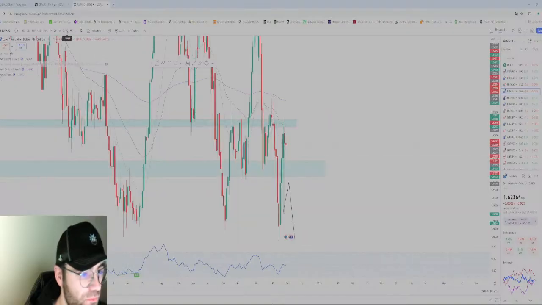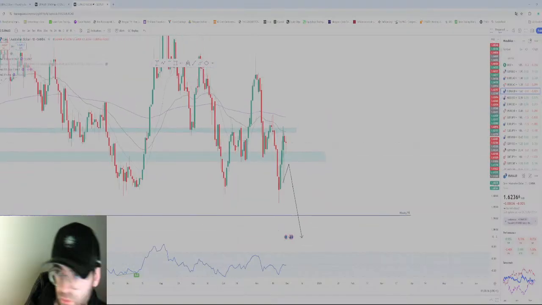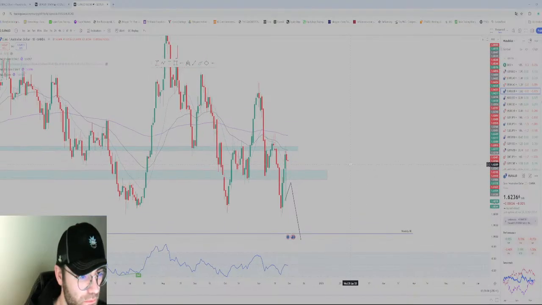So we have 2 time frames bullish, but not really in sync right now. Just set an alarm as soon as the daily gets above here.